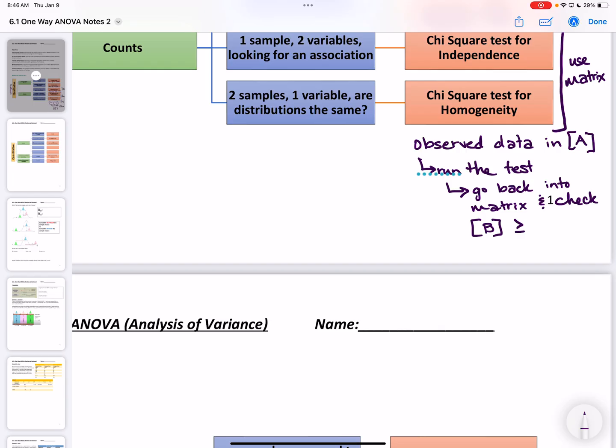Do y'all remember? 2? No, not 2. Say it. What was the second one you guessed? 5. Yep. So you go back into matrix B and make sure that each of those expected counts is greater than or equal to 5.